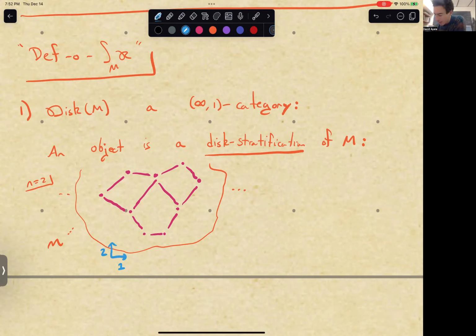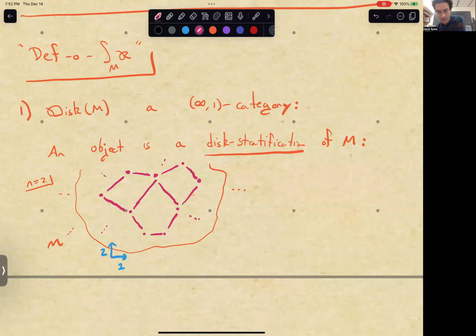So I'm indicating a disk stratification right now. Notice that it consists of points, edges, and little polygonal surfaces. Those polygonal surfaces need not be triangles. They could be, but they need not be. So that's roughly what an object in this category is.